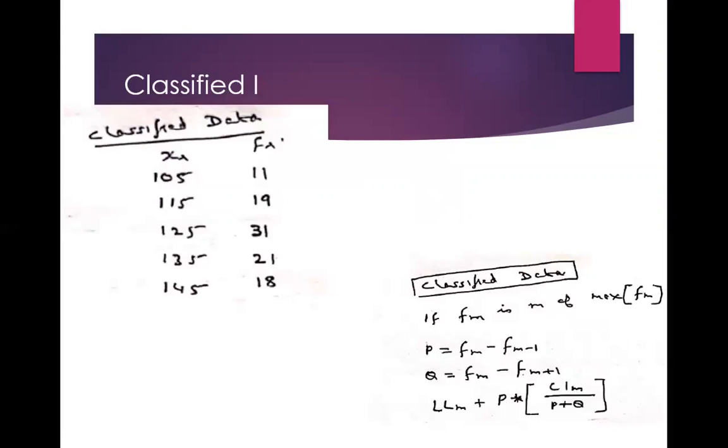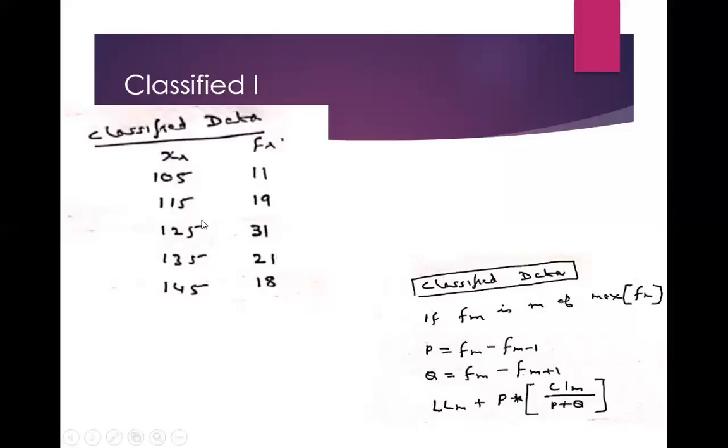Then for classified data, the formula I told you before is used. So this is the classified data, and from this column of frequencies, it is easy to understand that the maximum frequency is 31.